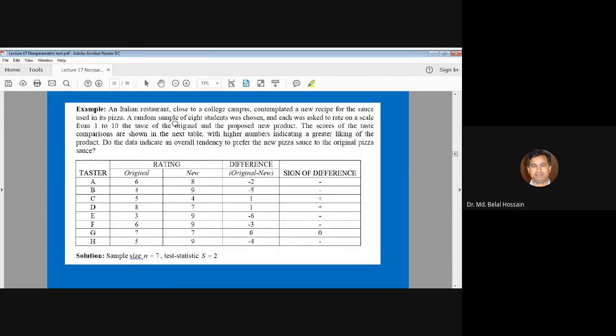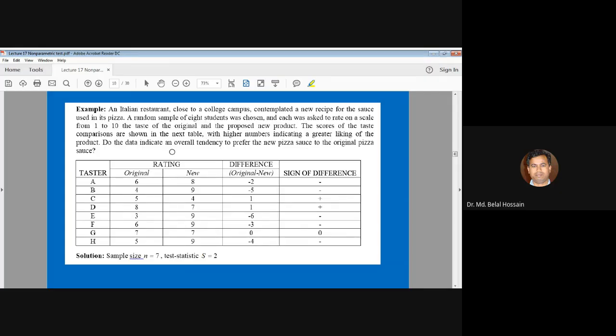A random sample of 8 students was chosen, and each was asked to rate on a scale of 1 to 10 the taste of the original and the proposed new sauces. The scores of the test comparisons are shown in the next table, with higher numbers indicating a greater liking of the product. Do the data indicate an overall tendency to prefer the new pizza sauce to the original pizza sauce?